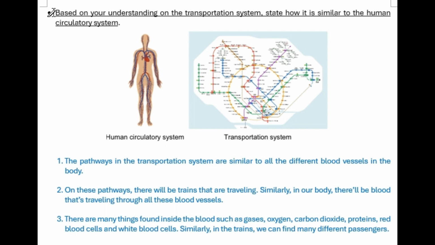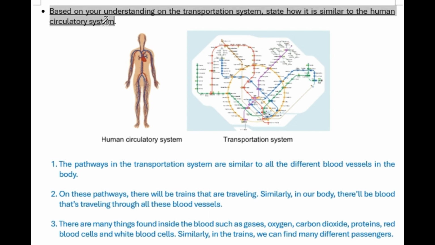Based on your understanding of the transportation system, state how it is similar to the human circulatory system. 1. The pathways in the transportation system are similar to all the different blood vessels in the body. 2. On these pathways, there will be trains that are traveling.